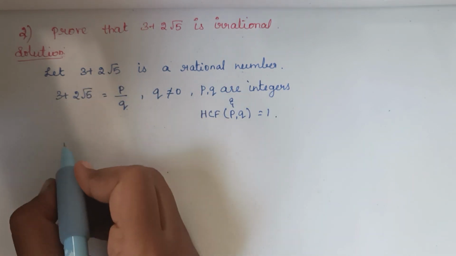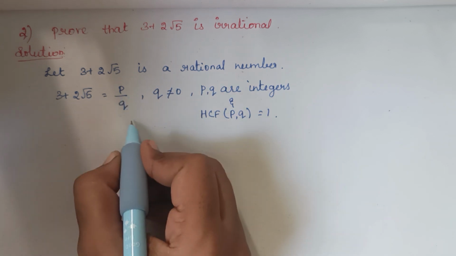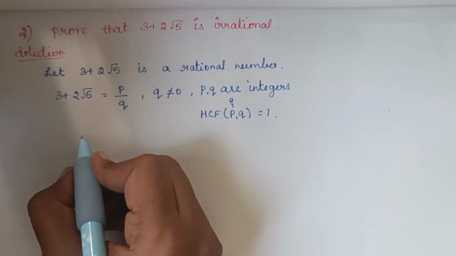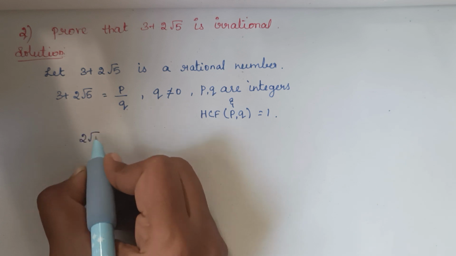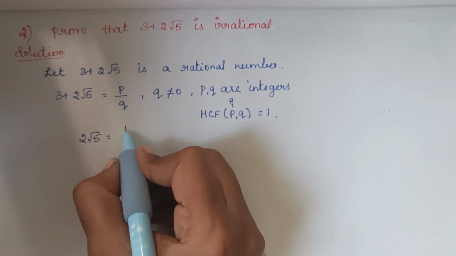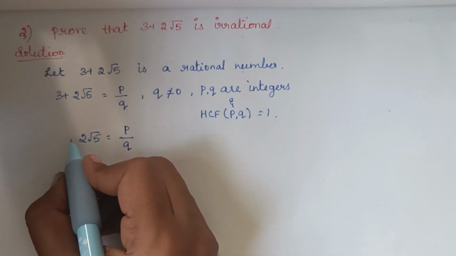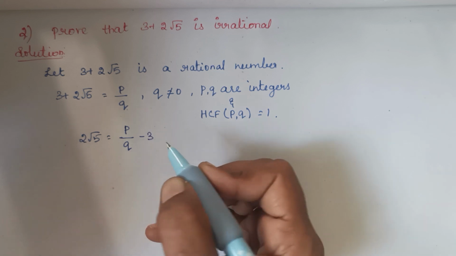So these are the rules for rational numbers. Now we'll consider 3 plus 2 root 5 is equal to P by Q. Keep 2 root 5 here and bring plus 3 to the opposite side, so it becomes minus 3.